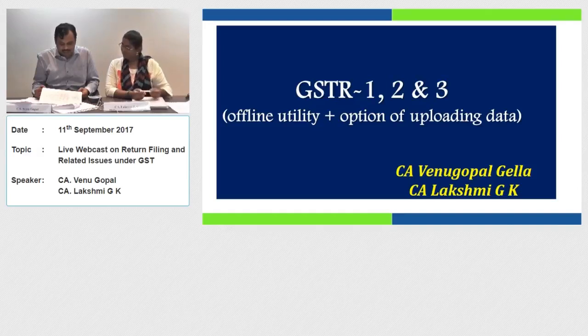Deepak Kumar, in respect of sale of diamond jewelry, quantity will have gold contents in grams and diamonds in carats. How to report in unit of measurement in bill-wise sales? This question is pretty simple.